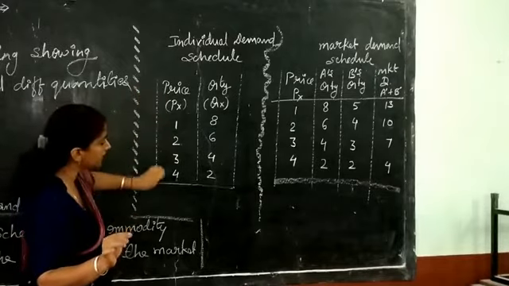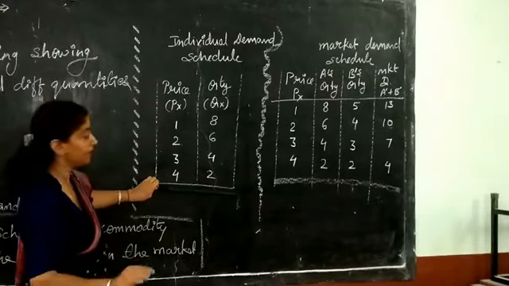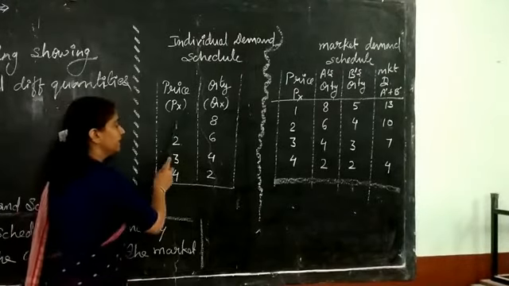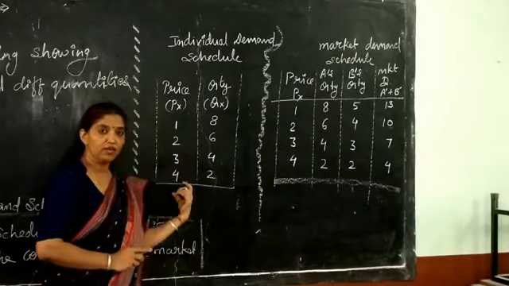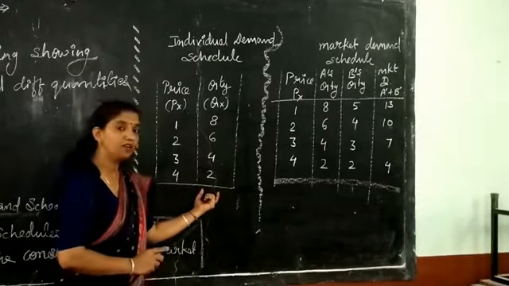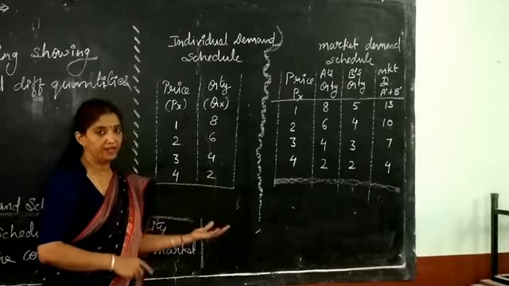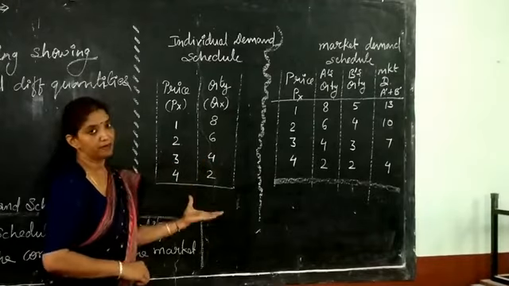And the whole demand schedule is called demand. At rupees 1, rupees 2, rupees 3 and rupees 4, these are all prices, and at these prices, how many units of a commodity the consumer is ready to purchase, this is called demand.